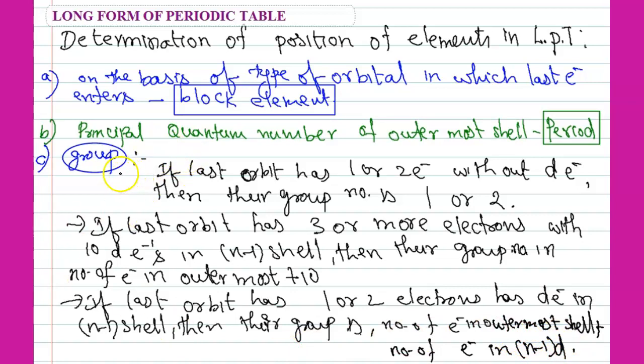So how to find out group? If the last orbit has 1 or 2 electrons without d, if 1 electron is present that is first group, if 2 electrons are present that is second group.